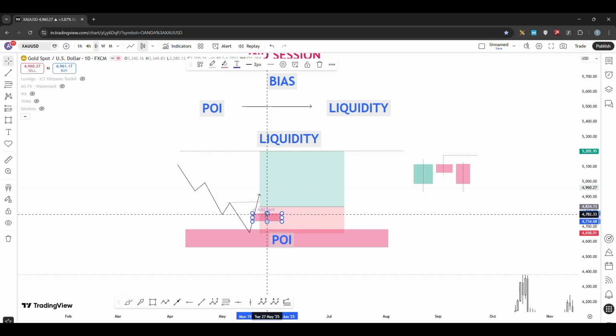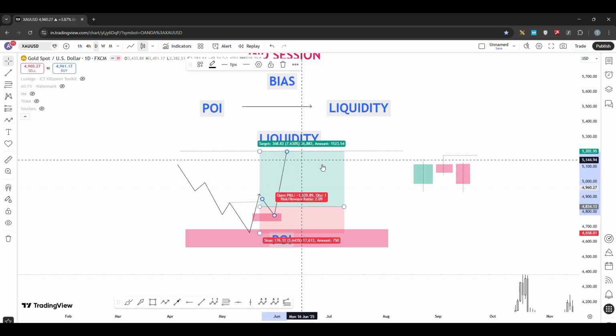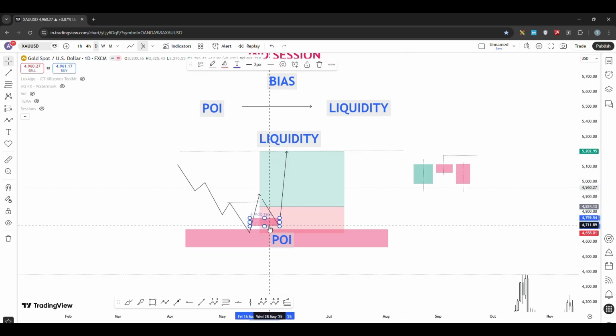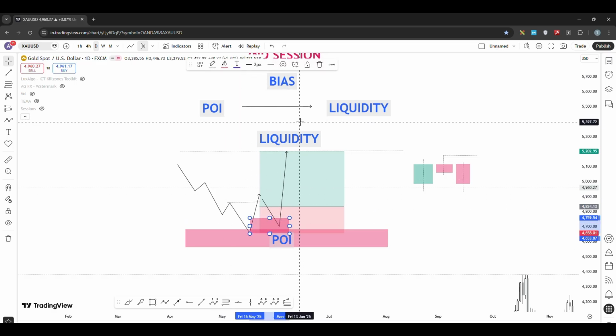It is not necessary that you always take your entry from the fair value gap. It depends, because sometimes market will come to your fair value gap and displace from there itself, or at times it can also come to your order block, which will be below the fair value gap, and from here it can go in your direction. So anyhow, this is the structure in which the market will move.